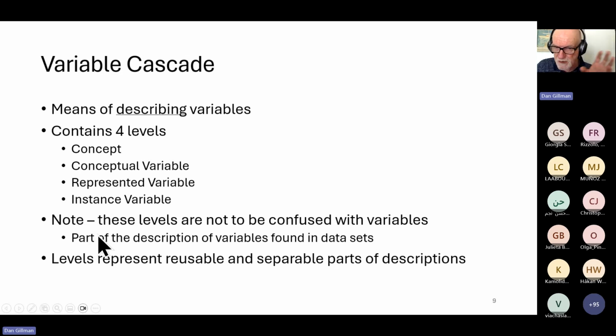Now, these levels aren't to be confused with variables themselves. They're just parts of the description, and each represents a more detailed view of what the variable means. Each level is meant to be reusable and separable, and therefore part of the way that you would describe all the variables across all the surveys and other collections that an organization has.